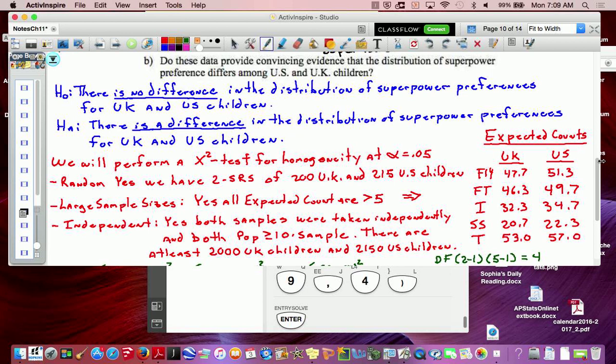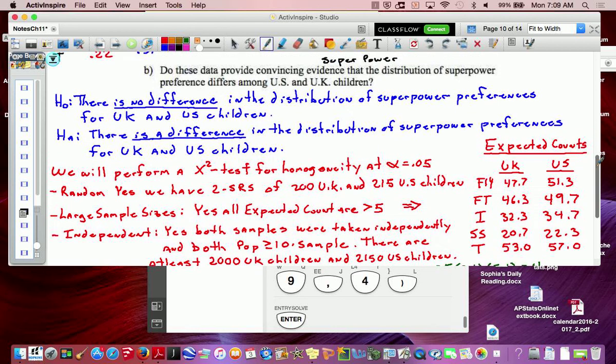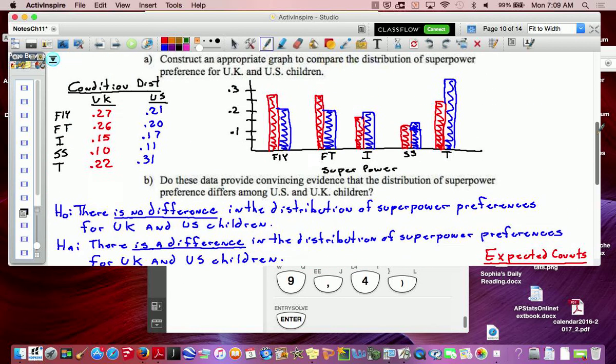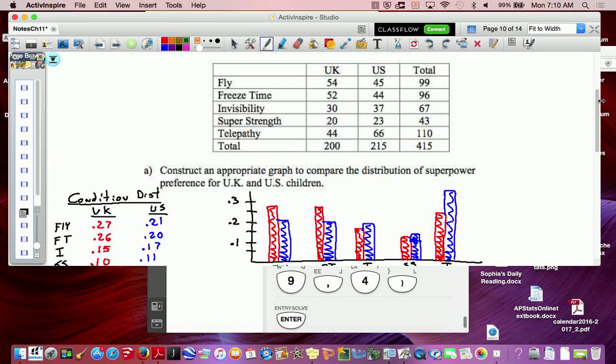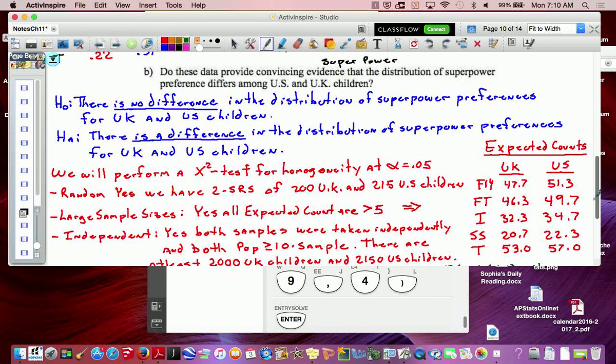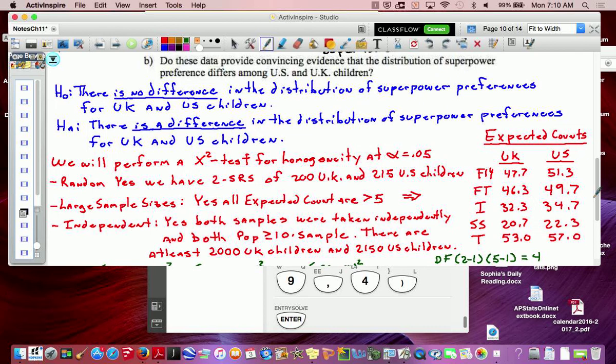Over here, I went back to these proportions and calculated out the actual counts that I would expect. So I went back to the table and did 200 times 99 divided by 415 to get the expected count for flying for UK. I did all of that already ahead of time to get all these expected counts.